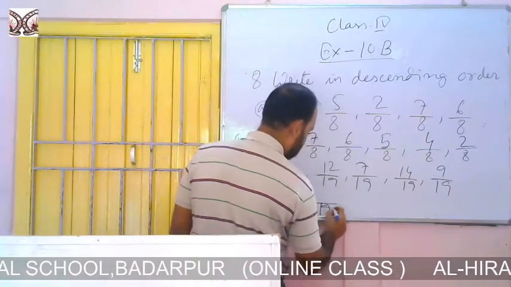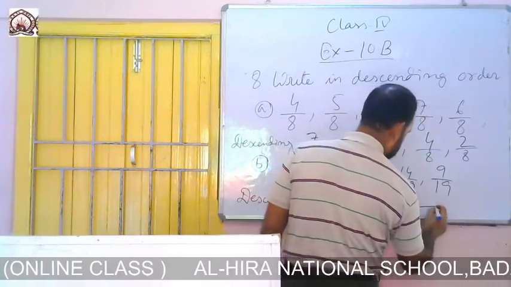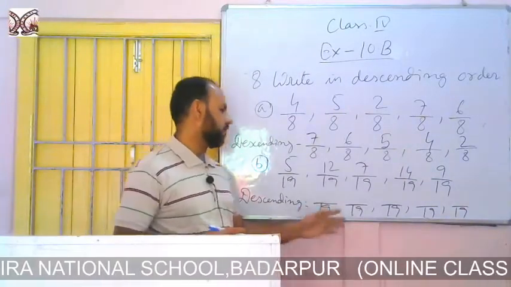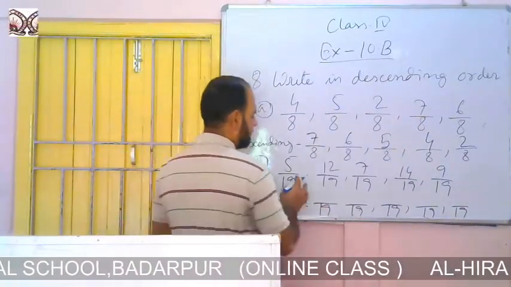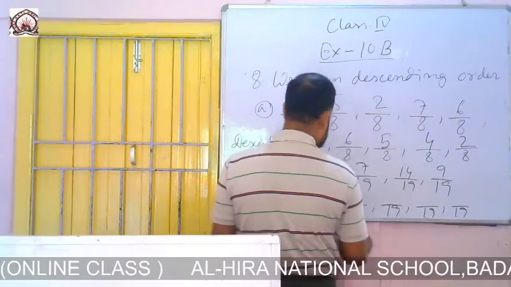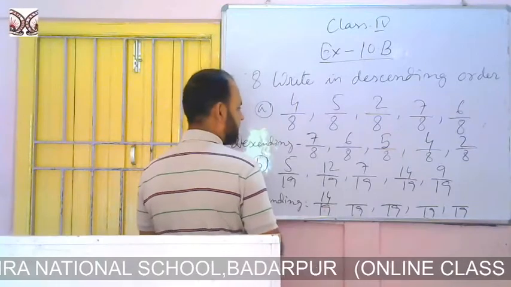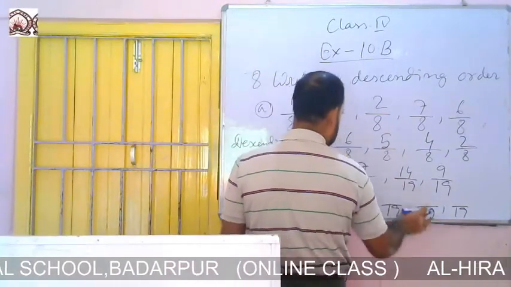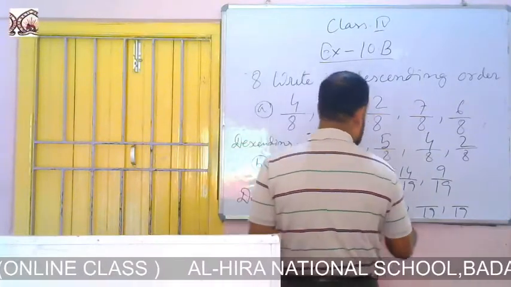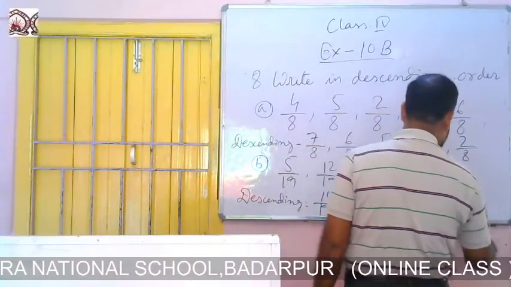Here 19, 19, 19, 19, 19. So first we write all denominators. Now we write all numerators in descending order. Here 14 is the greatest numerator. So 14 by 19 is the greatest fraction among the fractions. Next 12 by 19, next 9 by 19, next 7 by 19, next 5 by 19.